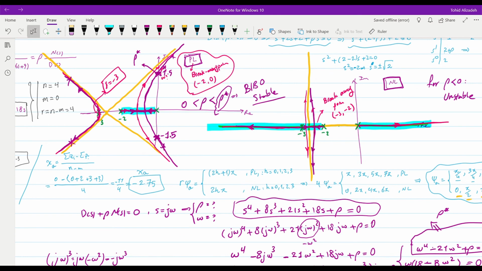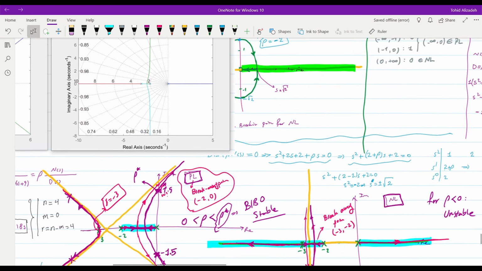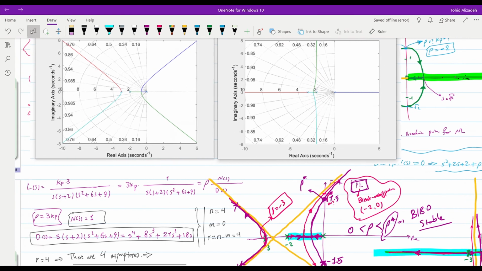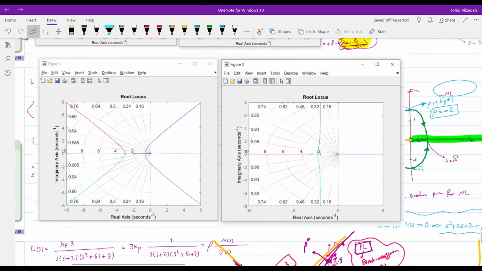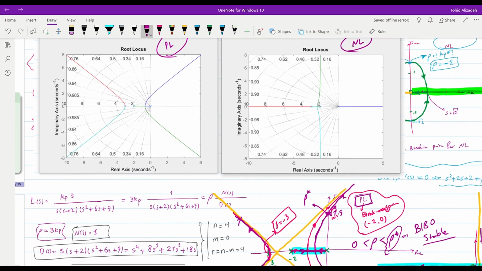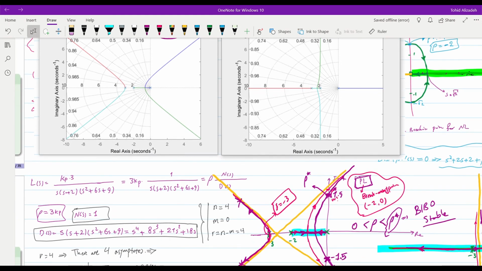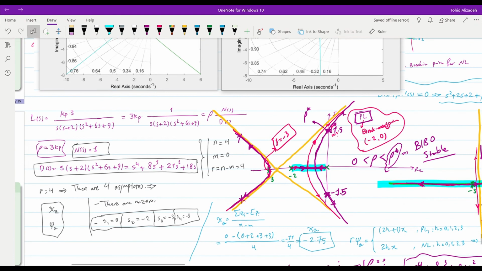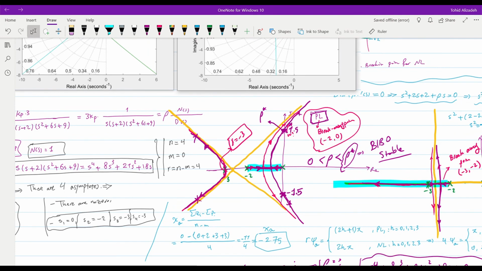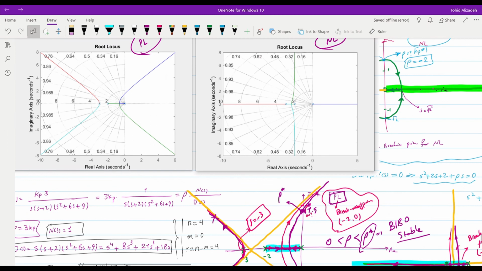Finally, we need to verify our solution with Matlab. You can see here that for the positive locus and for the negative locus, the graphs that we have found are indeed the same, except this part.